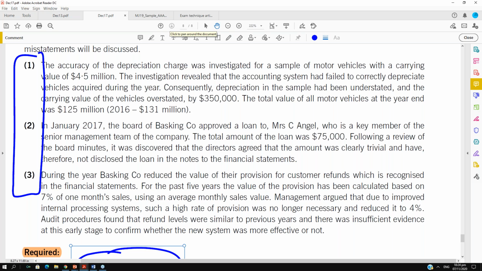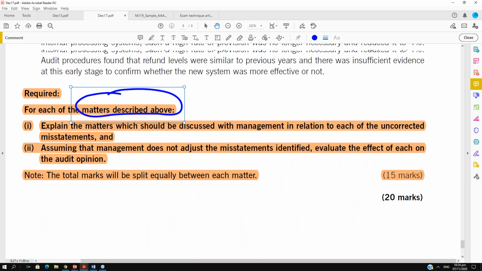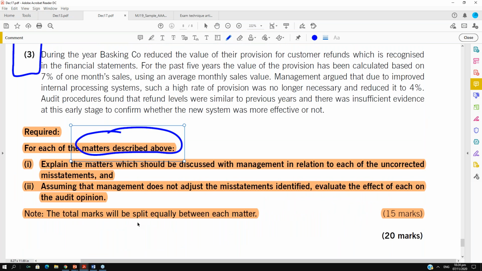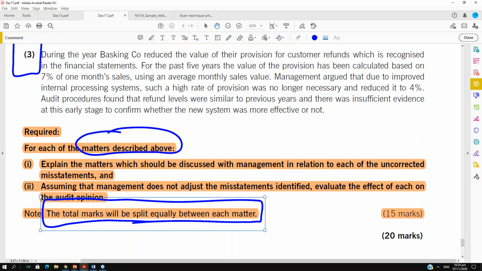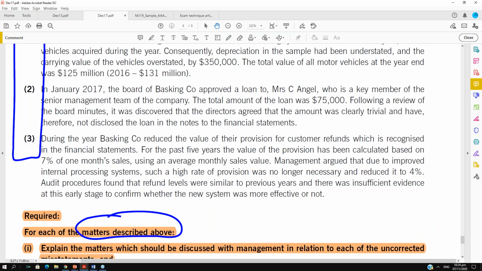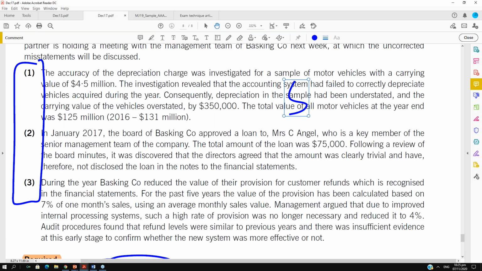The examiner is saying we have a total of 15 marks, and the total marks will be split equally between each part. So that means we have 5 marks for each of the requirements above. We have 5 here, 5 here, and 5 marks here.